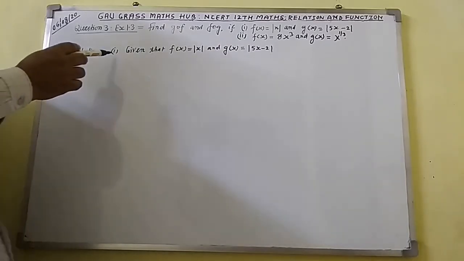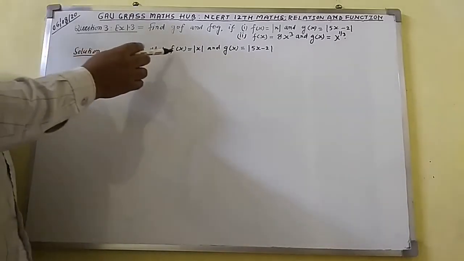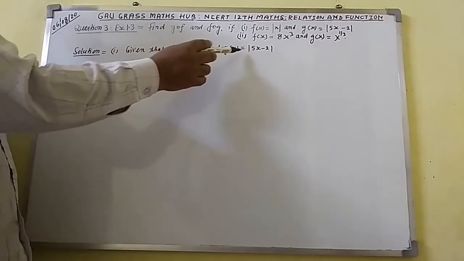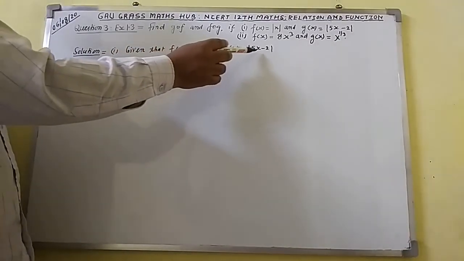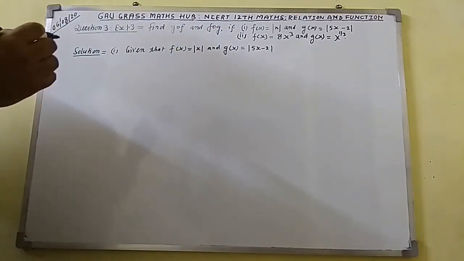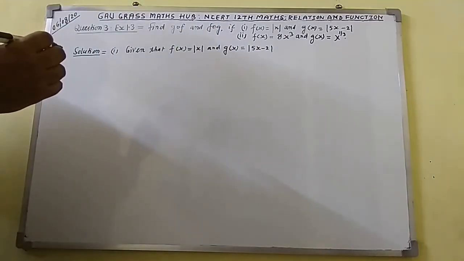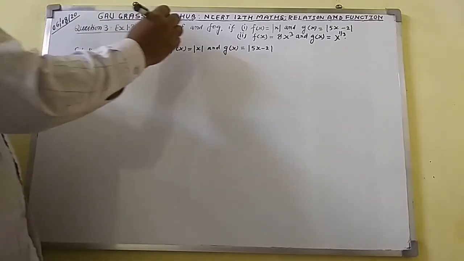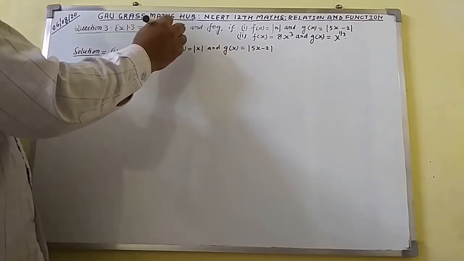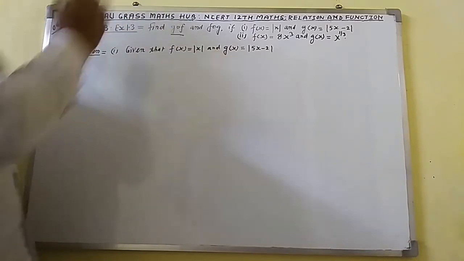Solution: (i) Given that f(x) = |x| and g(x) = |5x - 2|. What will you do in this case? Here you can see you have to find g of f.